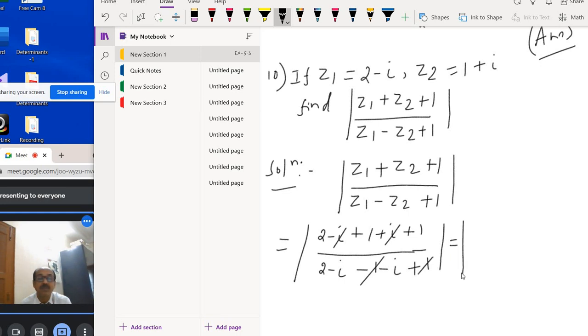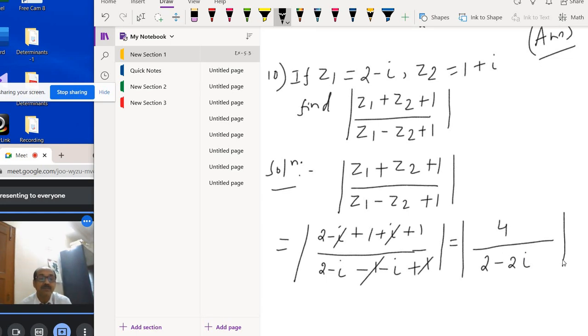Equal to 2 plus 3 plus 1, 4. So 4 by 2 minus 2i.